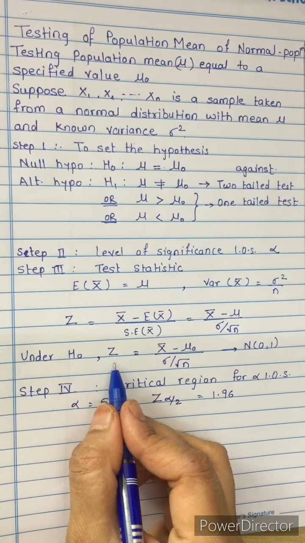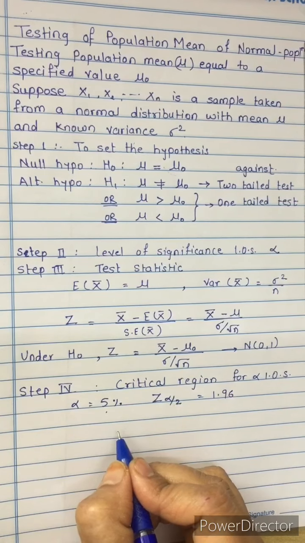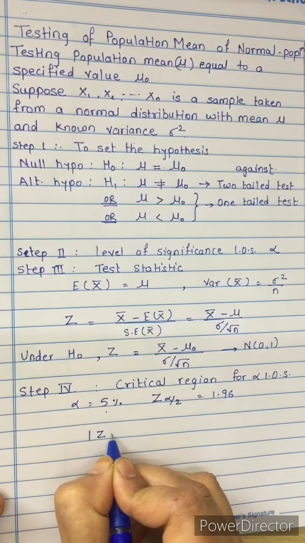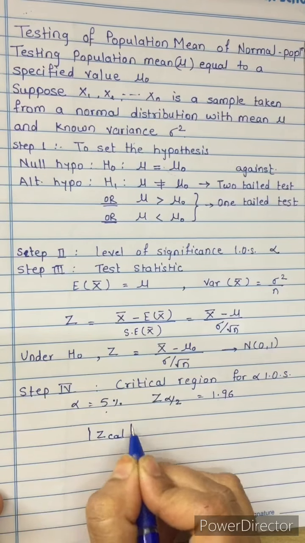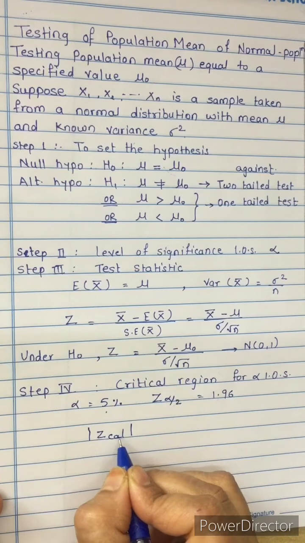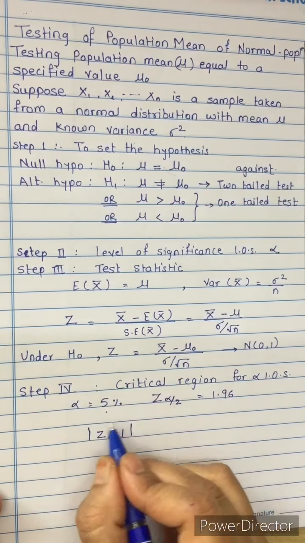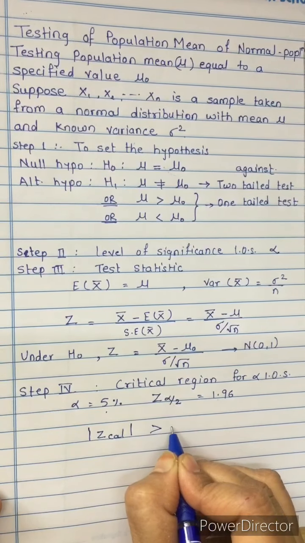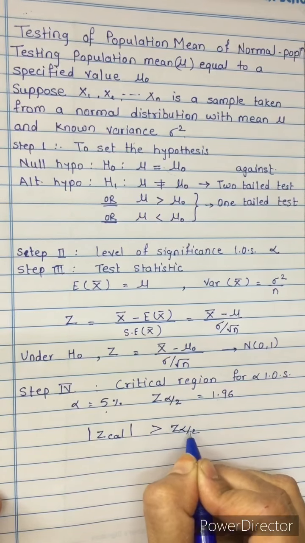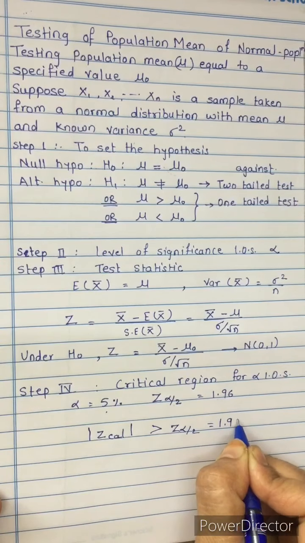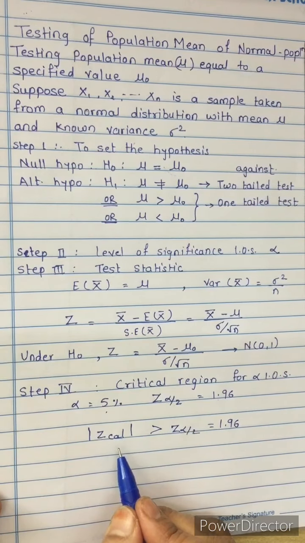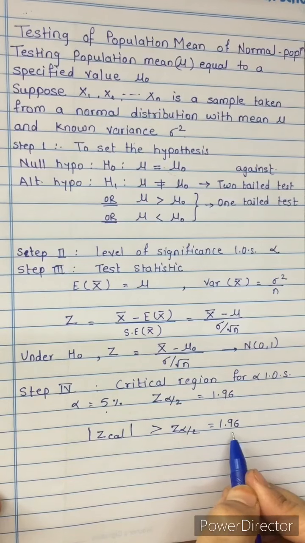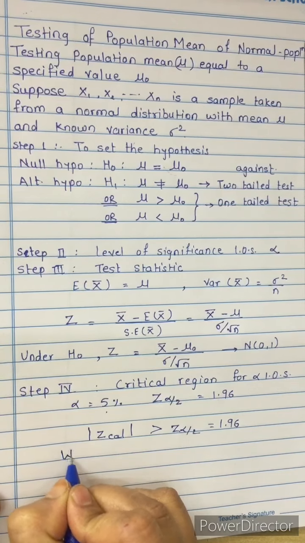with our calculated value. So here we take, for comparison purpose, the modulus value of z calculated, and if this modulus value is greater than z alpha by 2, which is the tabulated value and is fixed for 5% level of significance, that is 1.96, it means if the mod of the calculated value is greater than 1.96, then we reject H naught.